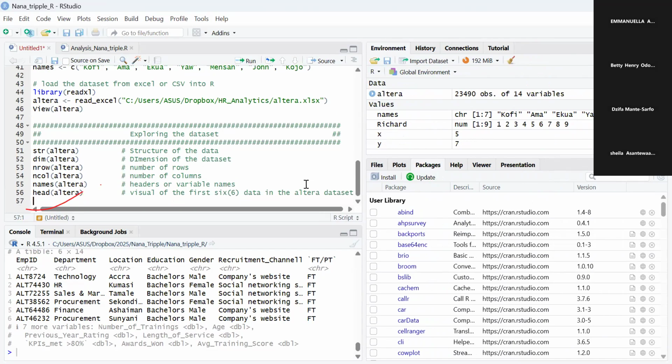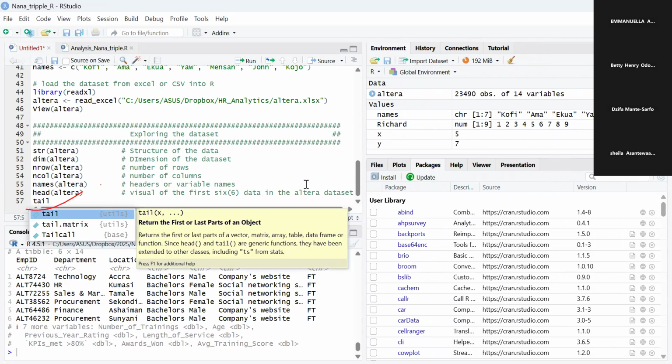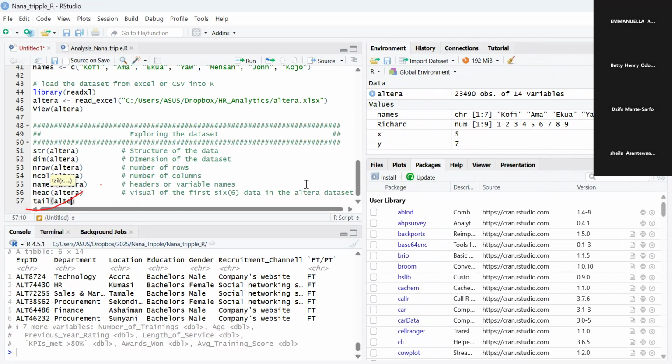Now, the next one is tail. So if you notice, what I'm trying to do is to explore, to understand how the data looks like. This is not visual. Let me say names.